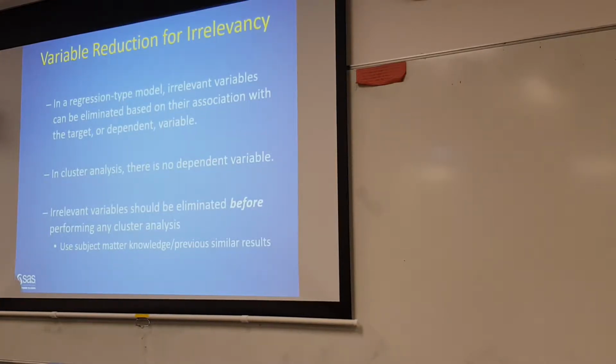You don't want irrelevant variables in there because they'll just add noise. You want a nice, clear signal in your cluster analysis. What are the differences between my clusters? Well, if on one variable they're all the same, it's just muddying the waters.